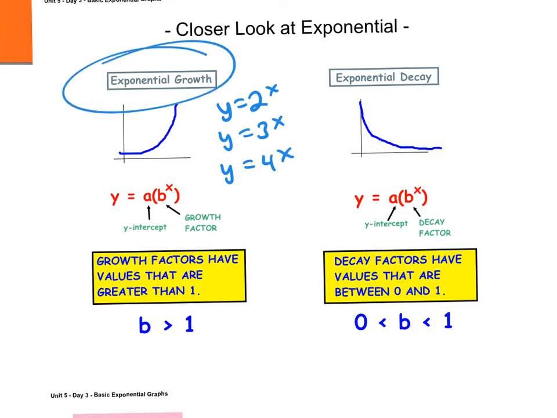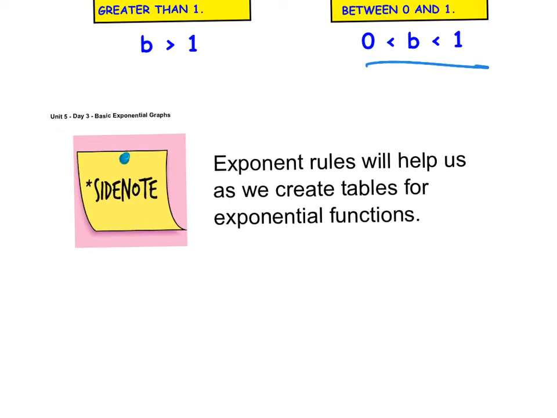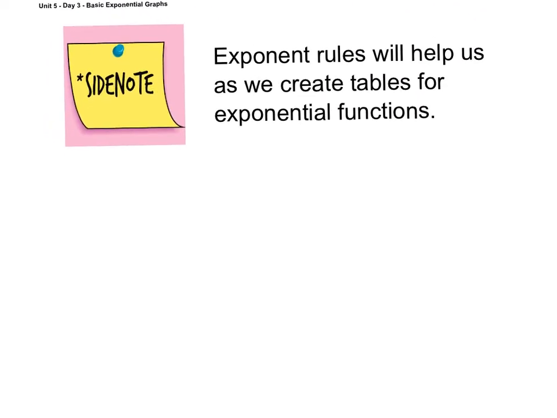Numbers that give you exponential decay, that get smaller as the x's get bigger, are 1/2 to the x, 1/3 to the x, 1/4 to the x. Any number in between 0 and 1 gives you exponential decay. This a in front stretches it a little bit, but its basic shape comes from that base being a 2, 3, 4, or a 1/2, 1/3, 1/4.